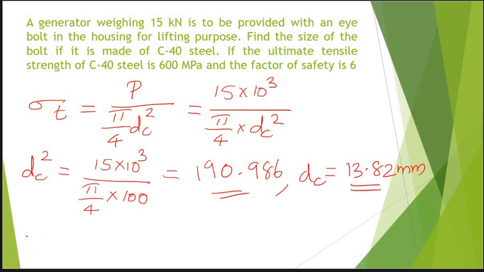So we have a relation between major diameter and core diameter. We have to find the size of the bolt. The size of the bolt is generally represented by its nominal diameter or major diameter.